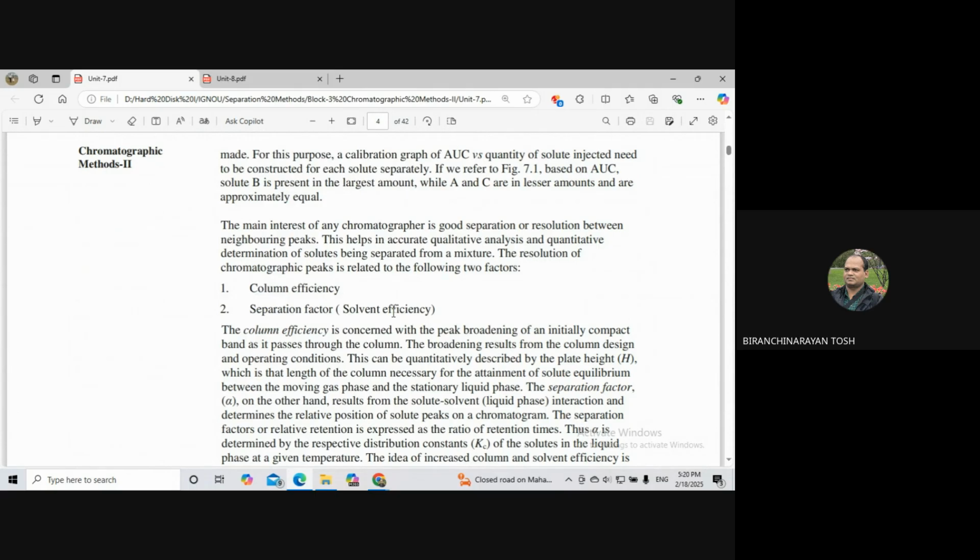Column efficiency is concerned with the peak broadening of an initially compact band as it passes through the column. The broadening results from the column design and operating conditions. This can be quantitatively described by the plate height, which is that length of the column necessary for the attainment of solute equilibrium between the moving gas phase and the stationary liquid phase.